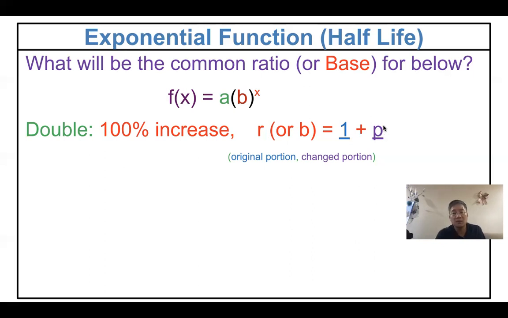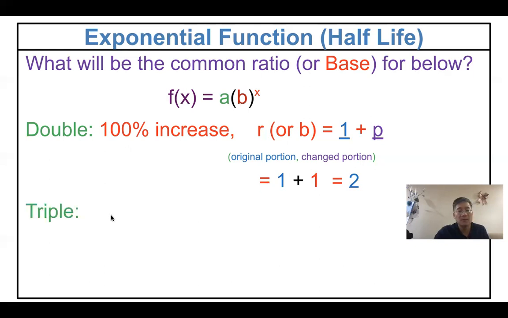If you convert it to a number, what is it? 1, right? 100% is equivalent to 1. So 1 plus 1 is 2. So when anything doubles, the base becomes 2, right? You get it, right? So base will be 2 when anything doubles each time.